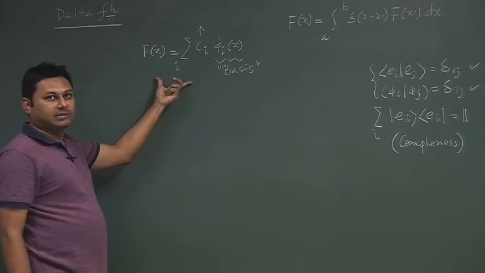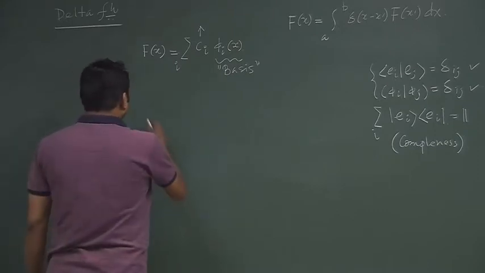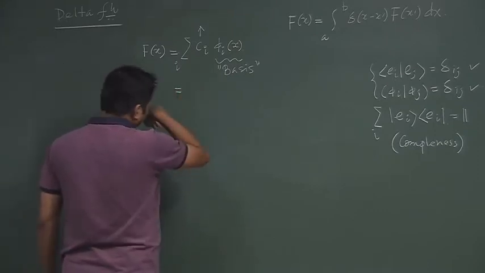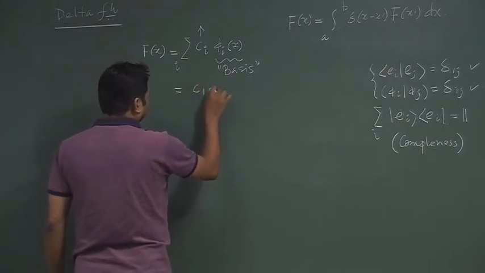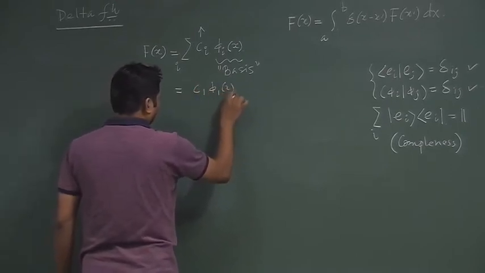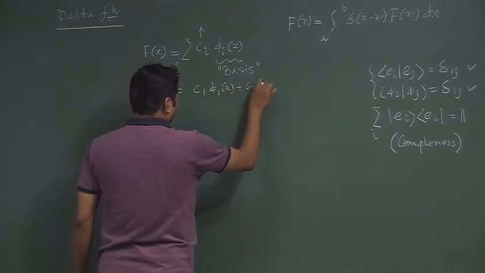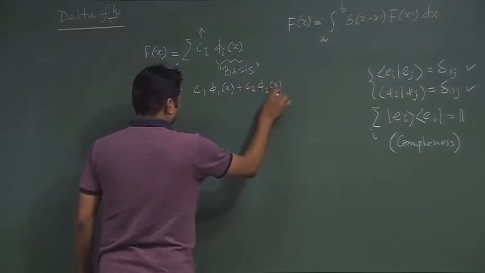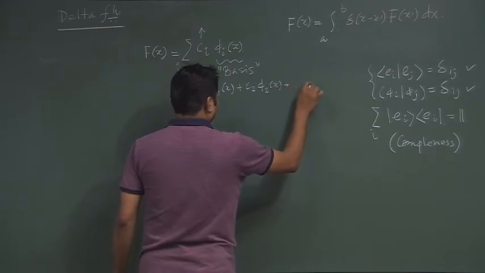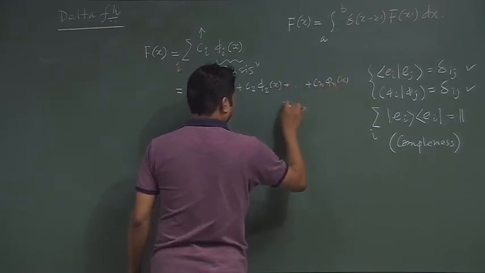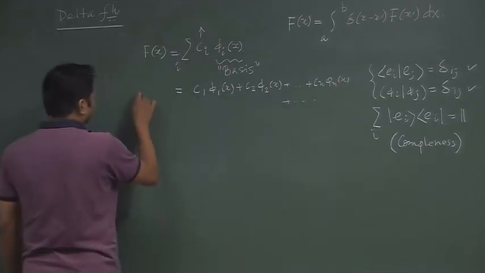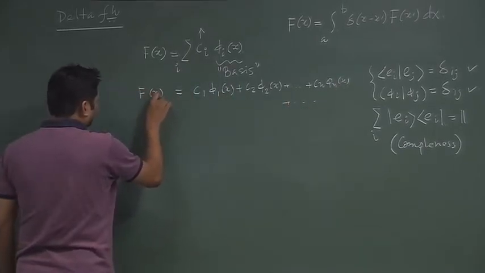How? I can write this as C1 phi_1(x) plus C2 phi_2(x) plus and so on up to Cn phi_n(x). On the left hand side I have f(x) in my hand.